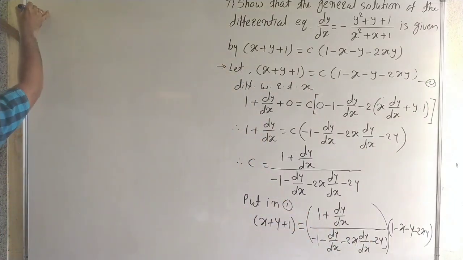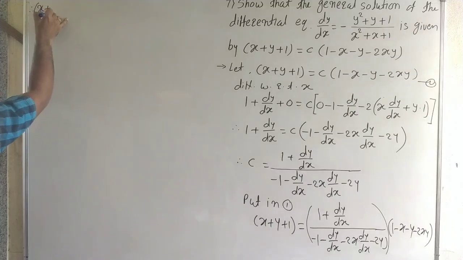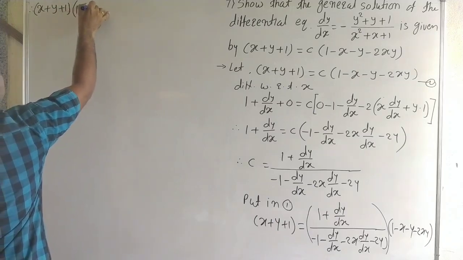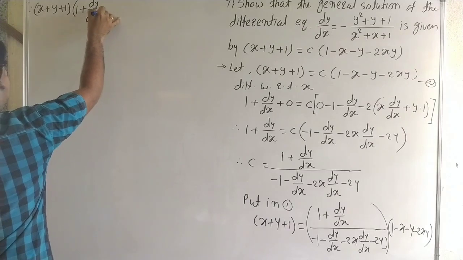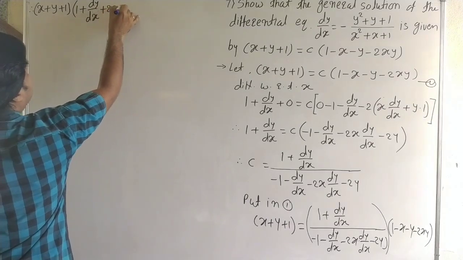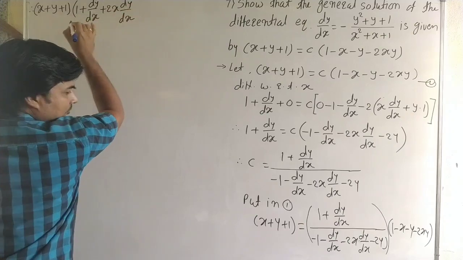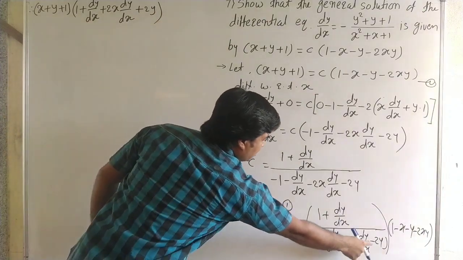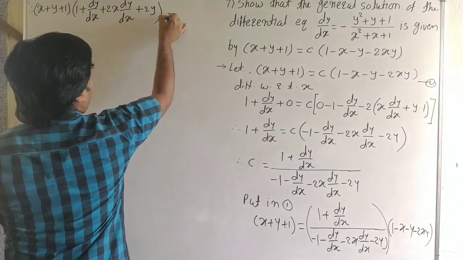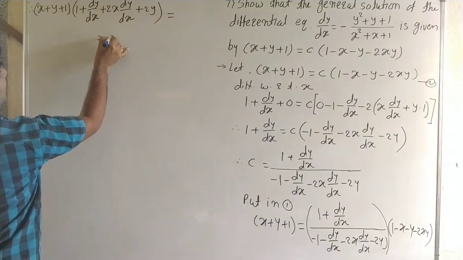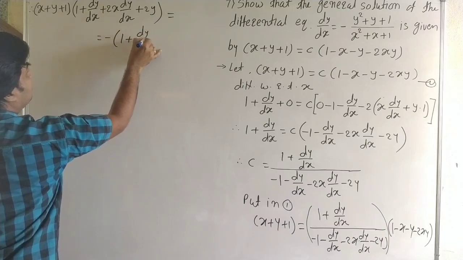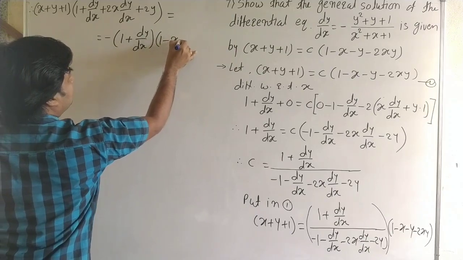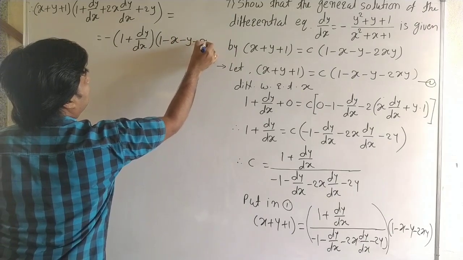See carefully: (x plus y plus 1) into (1 plus dy by dx plus 2x dy by dx plus 2y), taking minus common, equals minus (1 plus dy by dx) into (1 minus x minus y minus 2xy).